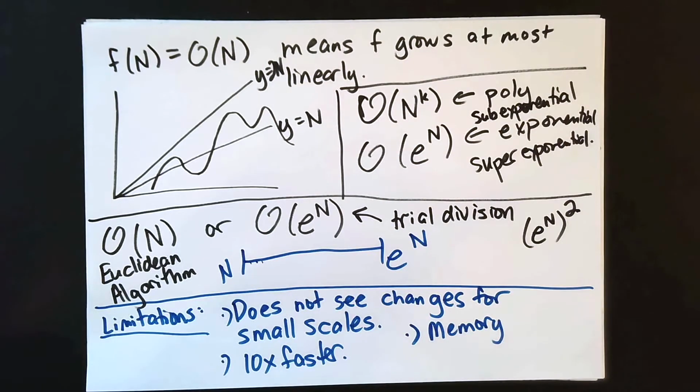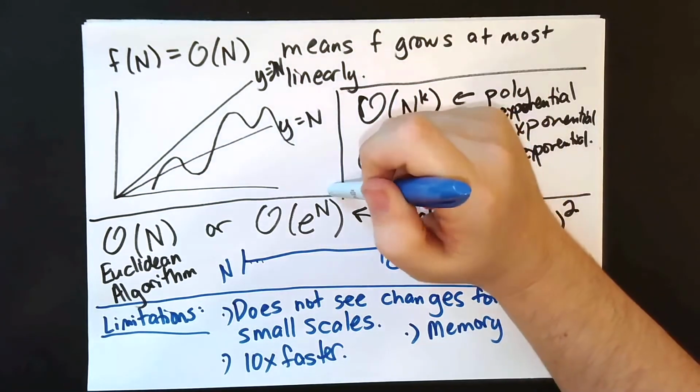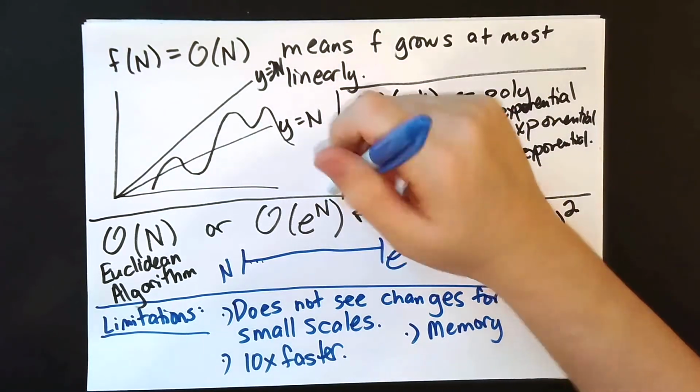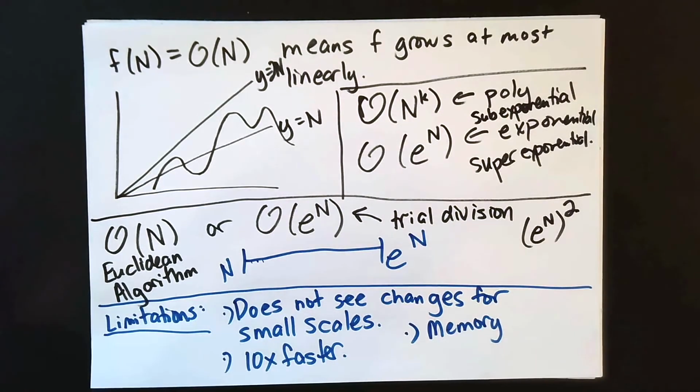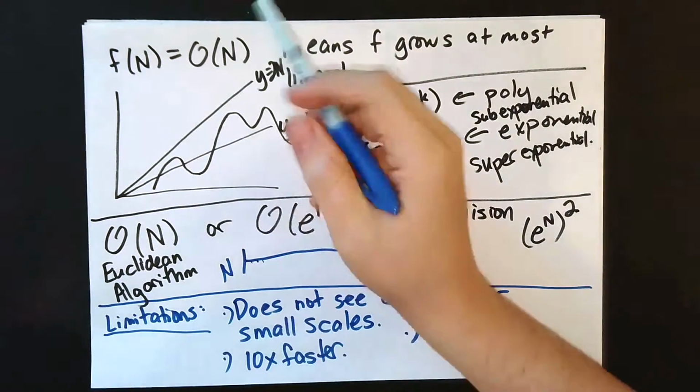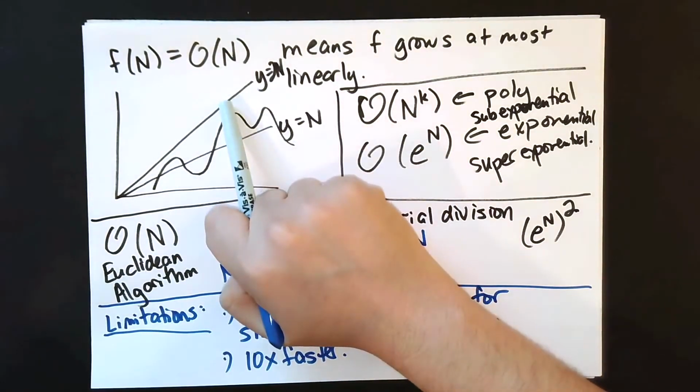So, in short, for talking about how algorithms scale, the big O notation is very useful. For talking about practical use of algorithms on a particular size of input, big O notation is useless.